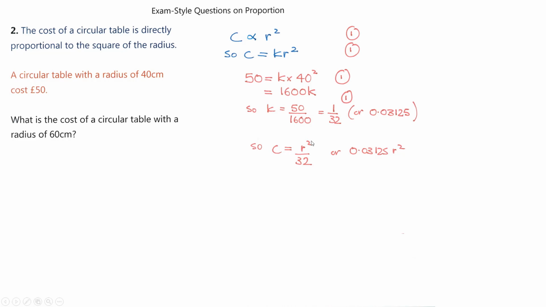So we just simply put 60 here and work out what the cost is going to be. So cost is radius squared, radius is 60, divided by 32. 60 squared is 3,600, divided by 32 gives you £112.50. Okay, so you've got all these marks for getting all these stages right.